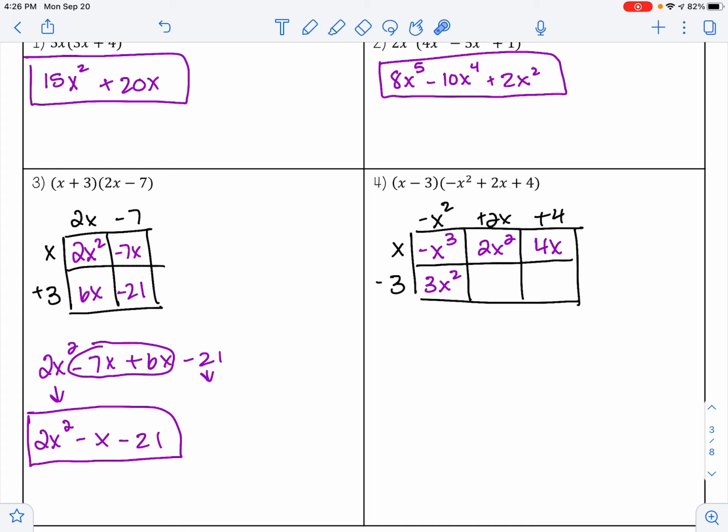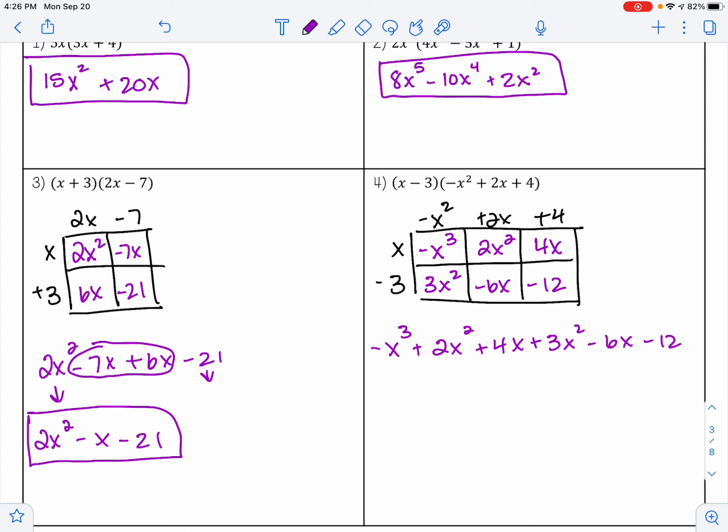Negative 3 times 2x is negative 6x. And negative 3 times 4 is negative 12. So inside of the area model, I have negative x cubed plus 2x squared plus 4x plus 3x squared minus 6x minus 12.